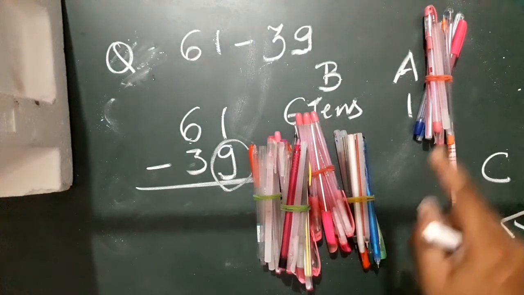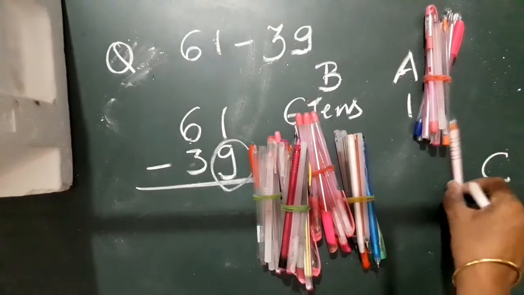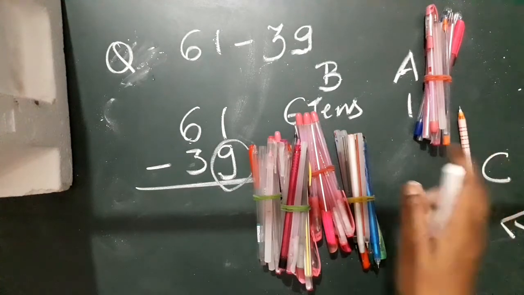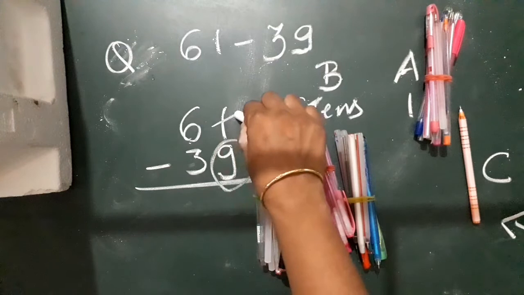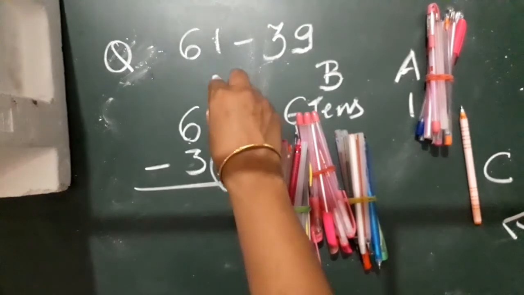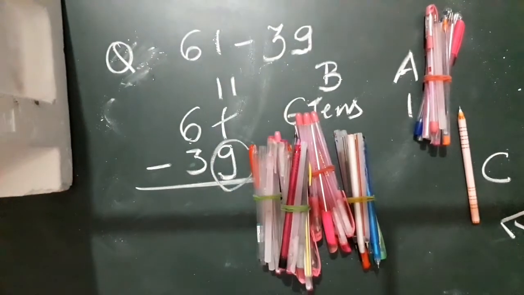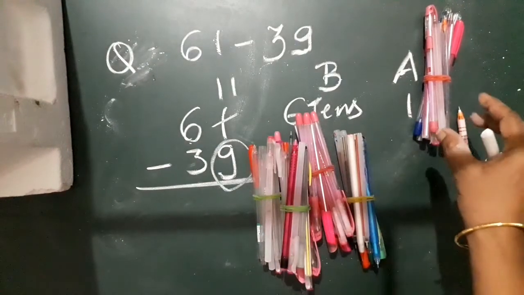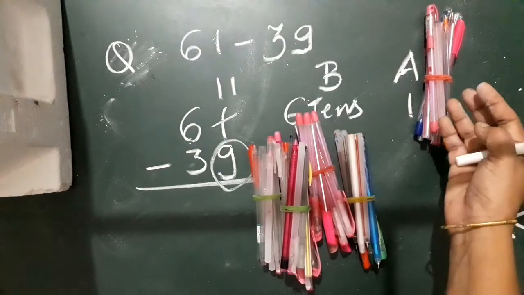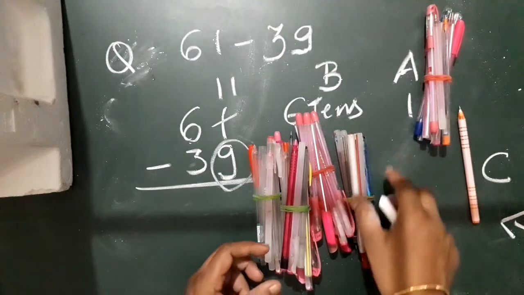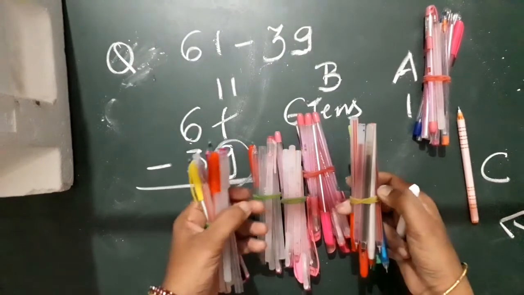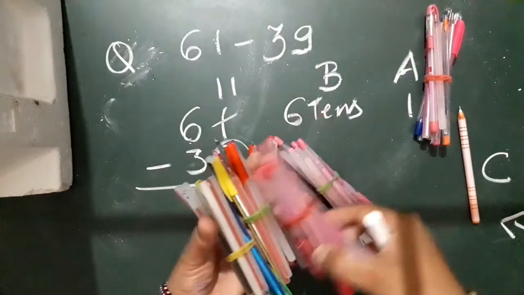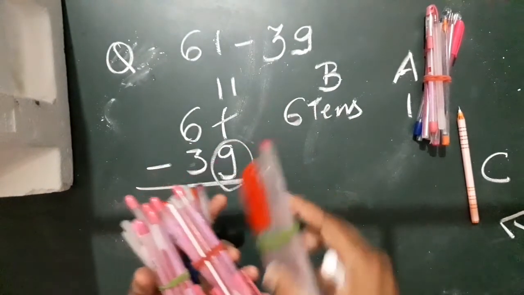So now instead of having 1, A person is having 11. So I can cut it and write 11 there. And now as 1 bundle is given, B is left with only 5 bundles. 1, 2, 3, 4 and 5.